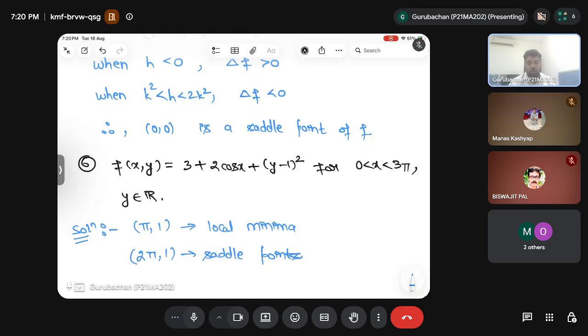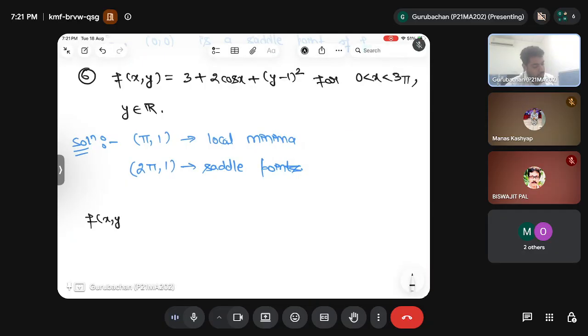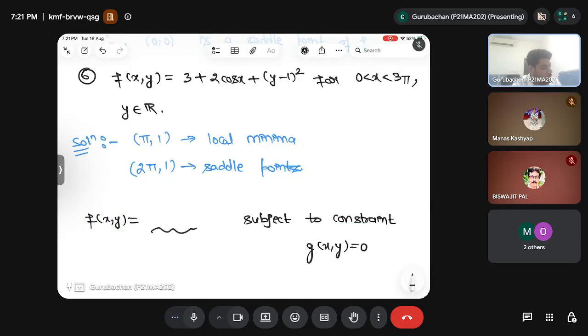So in this case we have simply the function. What if I apply some constraint over it? For example, I'm saying f of x, y is equal to some function, subject to a constraint like g of x, y is equal to 0.